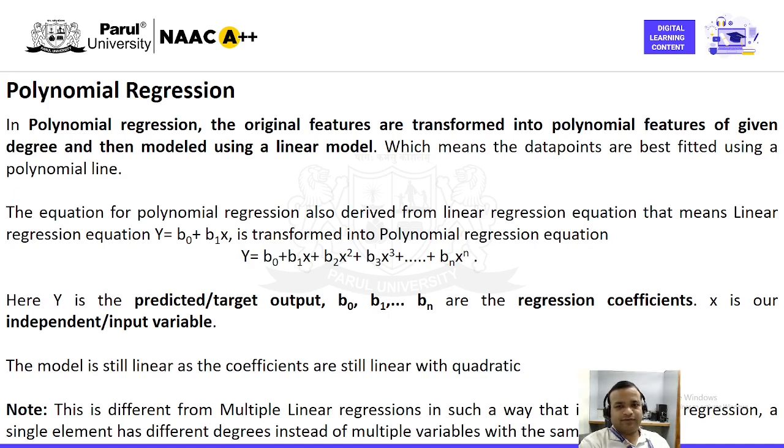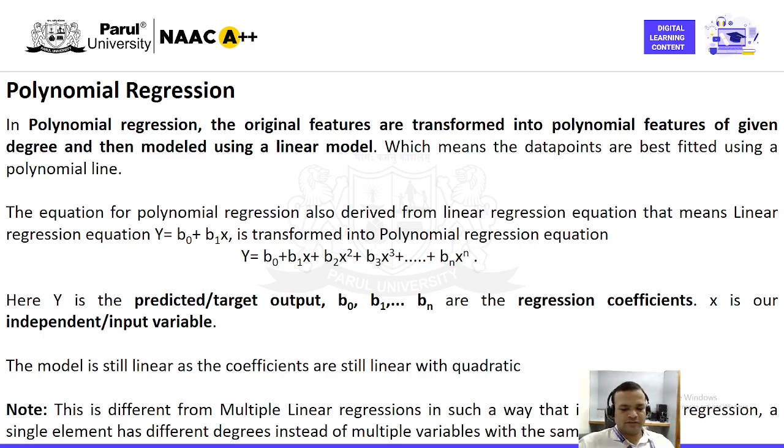That is a special feature of polynomial regression. After that transformation, the model is modeled using the linear model, which means the data points are best fitted using a polynomial line.